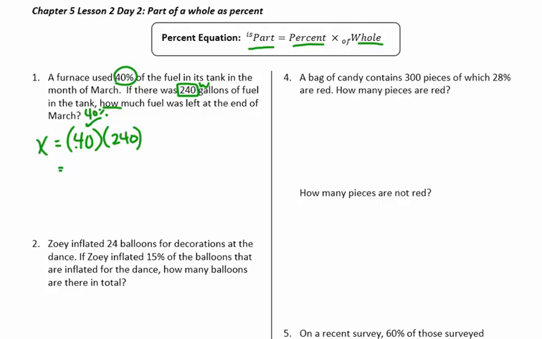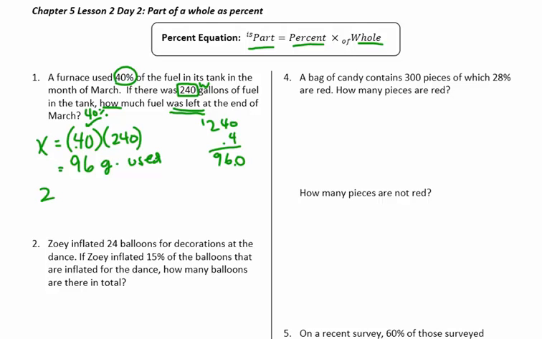And this is the trick part of the question. It says in the end how much fuel was left, not how much was used. So once I find this answer, I have to realize that that's only what was used, not what is left. So make sure that you keep that in mind. 240 times 0.4, 96 gallons were used, and the question is asking how much is left.